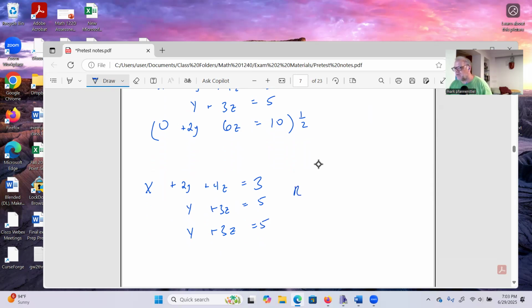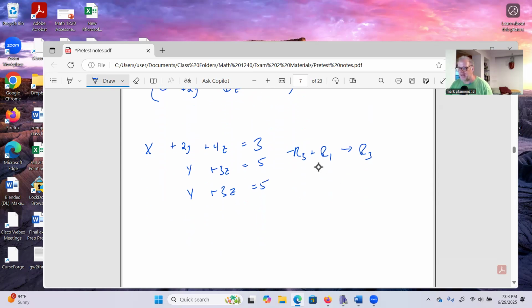So I'm going to say negative row 3 plus row 2, back into row 3, and see what I end up with. We have x plus 2y plus 4z is equal to 3, and y plus 3z is equal to 5.